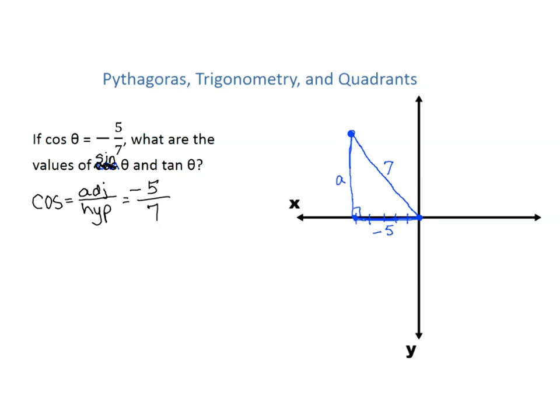I'm going to use the Pythagorean theorem to find A. So we know that A squared plus B squared equals C squared, and we fill in what we have. A squared plus 5 squared. I'm putting the negative just to clarify that we went 5 to the left, but it's really just 5, and that takes care of itself because when we square it, it becomes positive.